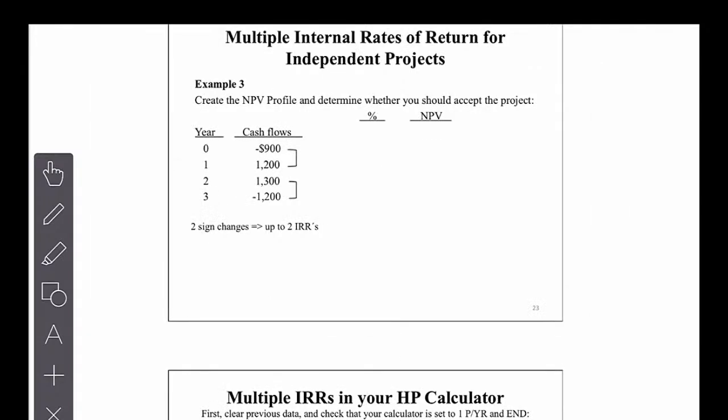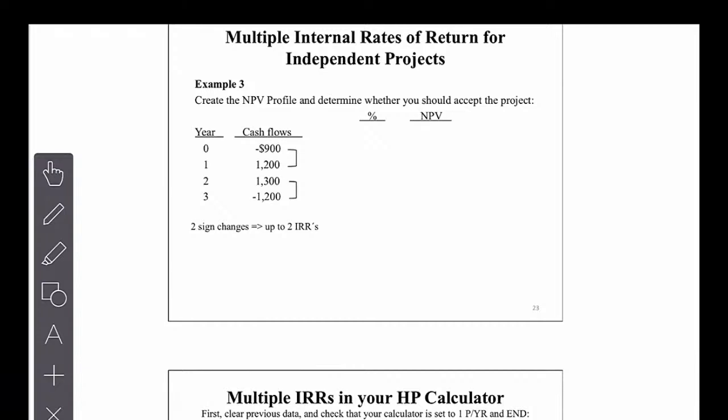So if I put these in my calculator, so clear work, 900 negative, enter down, 1200, enter down, down, 1300, enter down, down, and 1200 negative, enter down.